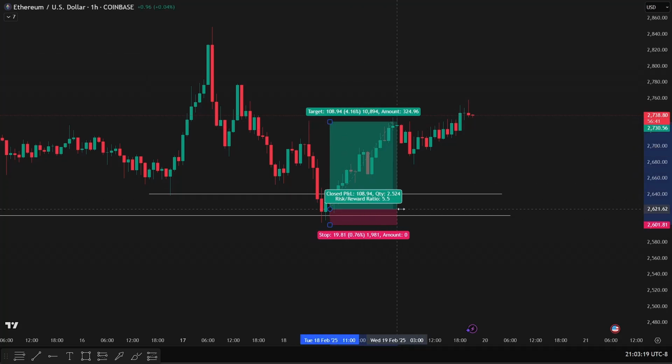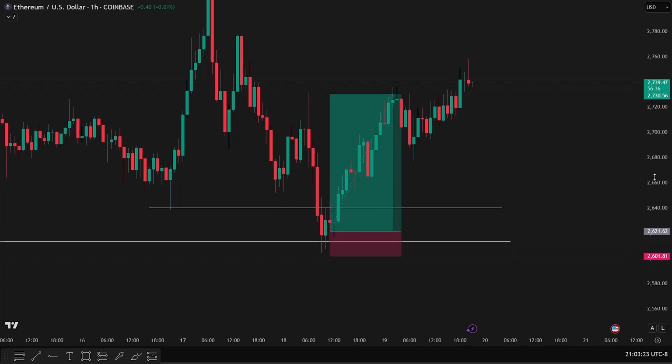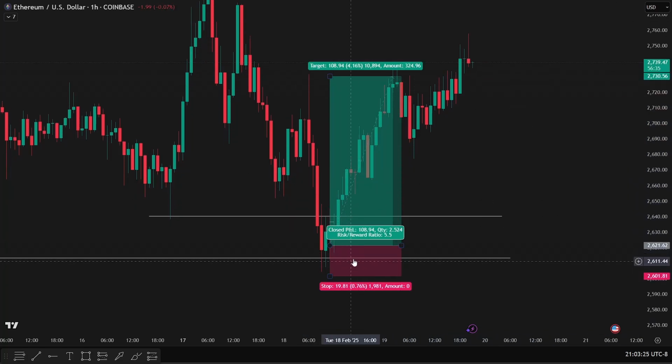And what happened was that this trade hit my target, and because I was able to get such a precise entry down here, look at that, 5.5R trade. So in trading, you want your entries to be as good as they can, and you want the profit to be as much as it can.